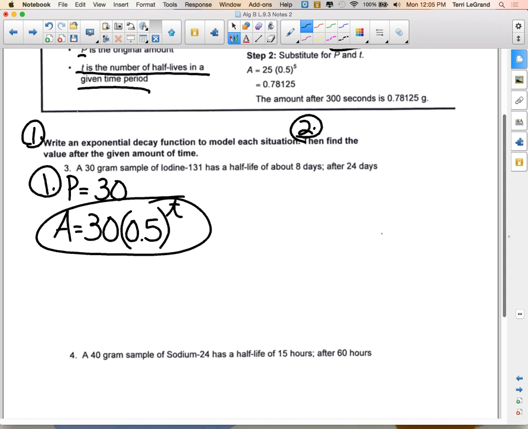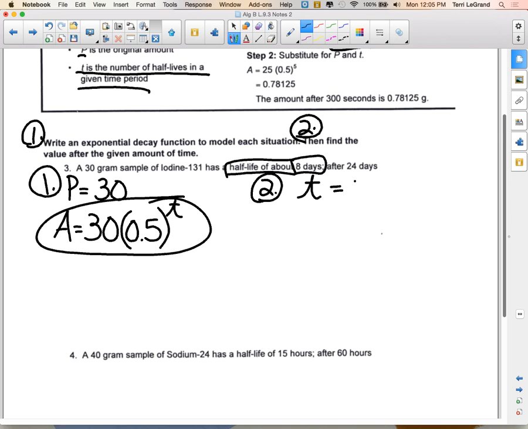Capital A still there, little t still there. Step number two, now we have to figure out what our t is. T is going to be equal to the number of half-lives, the time frame. Its half-life is 8 days.